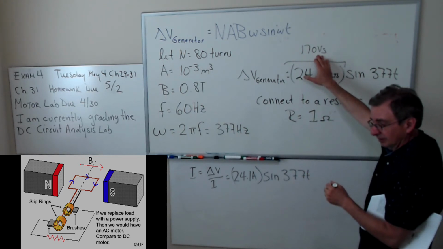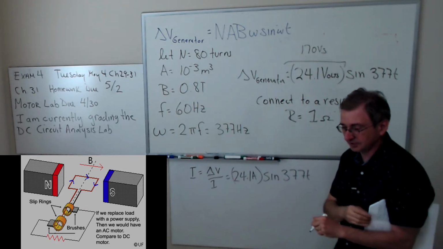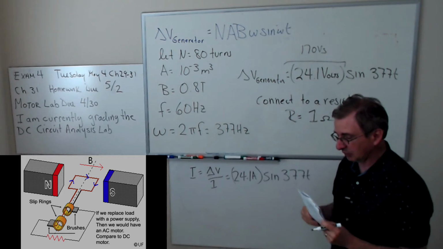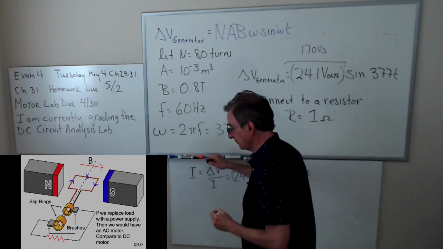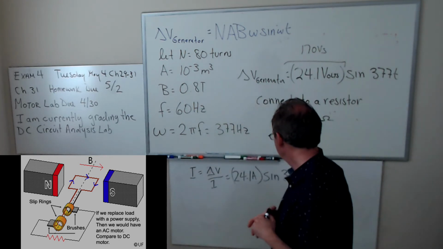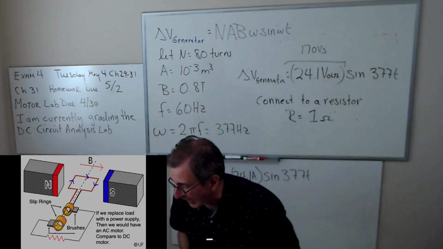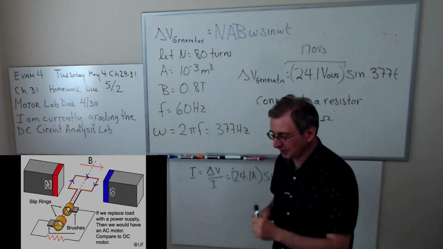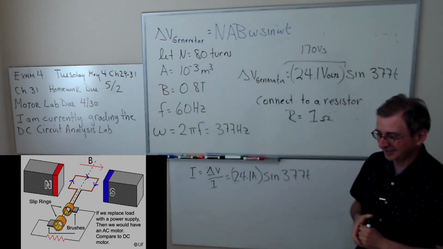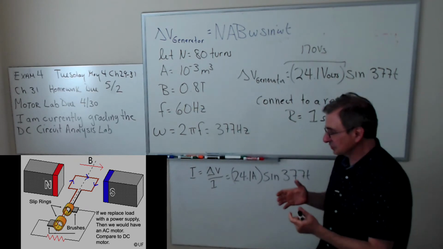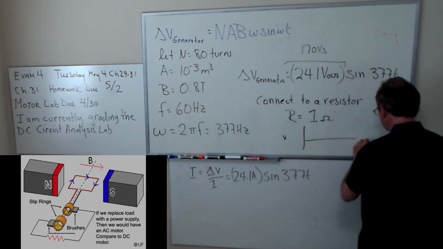And how would you determine that? How would you measure the peak voltage? What tool would you use? Yeah, you would have to use an oscilloscope. You cannot use a multimeter, because a multimeter will give you 120. The scope is going to give you a plot of voltage as a function of time.